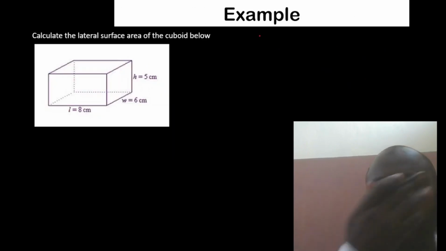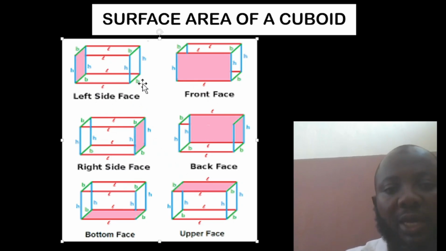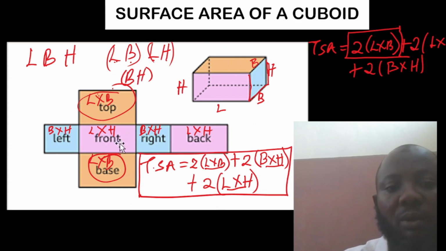So we have to calculate the lateral surface area of this cuboid. The top and bottom, which is LW, LB rather, will not be there.